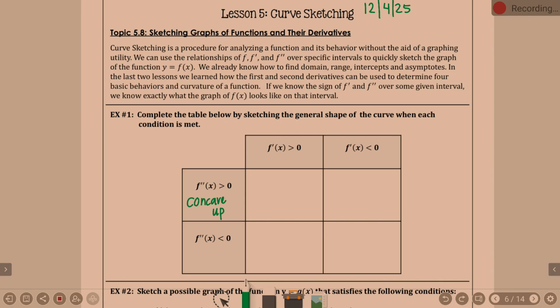Now, when the first derivative is greater than 0, what does that mean my graph is going to be? The function is increasing. So, can you draw a curve that is concave up and increasing? I personally am drawing something like that. It's increasing the entire curve.